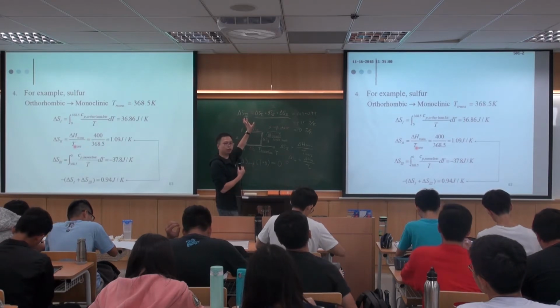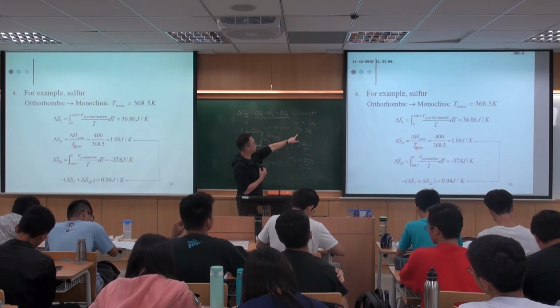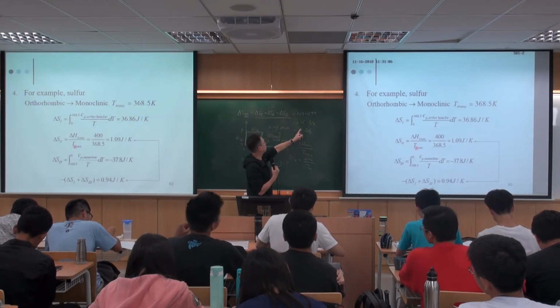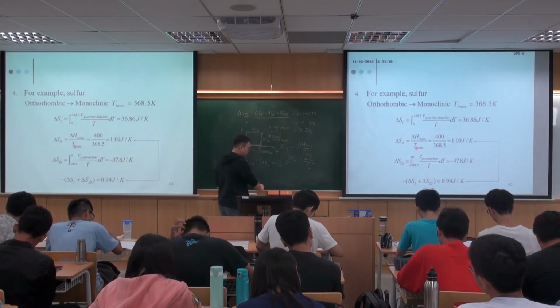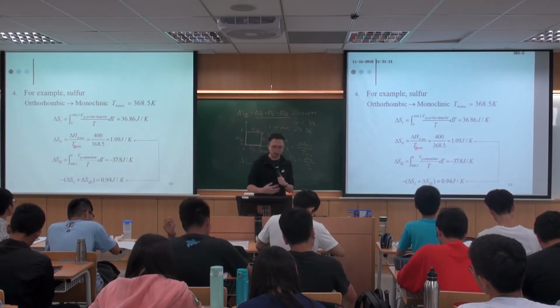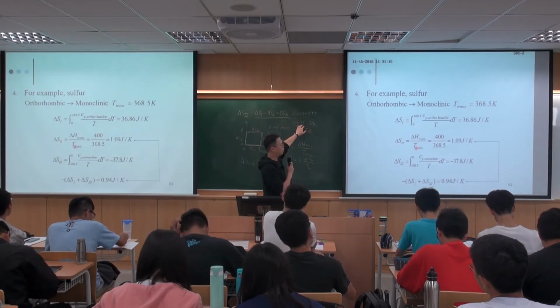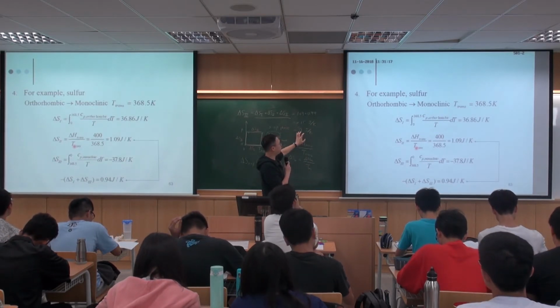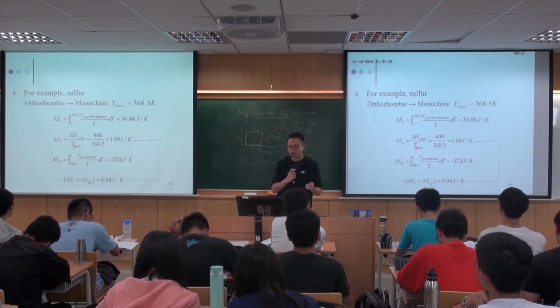If the third law is true, we know that at 0 Kelvin, this should be 0. But from the experiments, this is 0.15. This is what we got. And that is already close enough. And the reason why we have a finite value, which is not perfect, is due to the condition that we mentioned earlier.